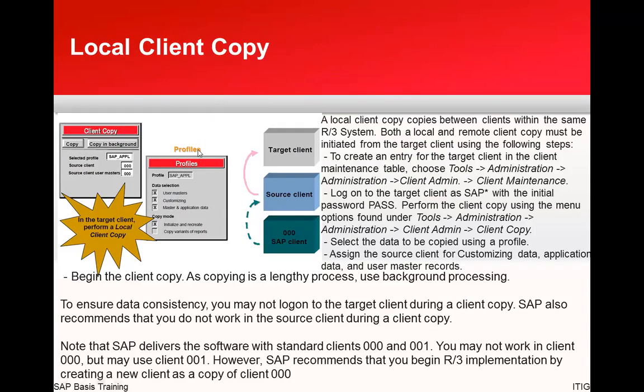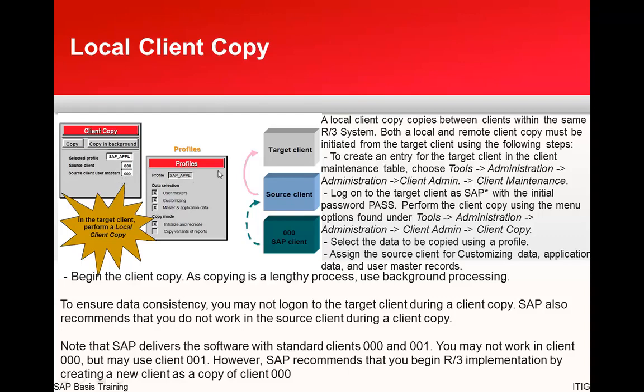Okay, local client copy. We just saw what happens in the local client copy. Here you have this is your local client copy. This is the profile that you want to copy, and this is the source client, and the source client user master is this.